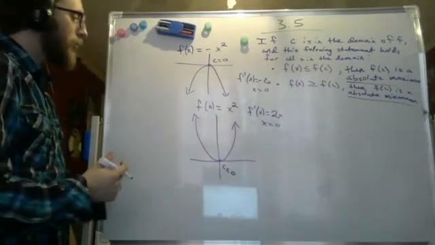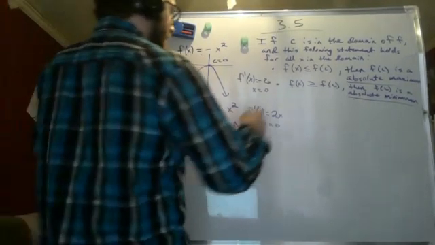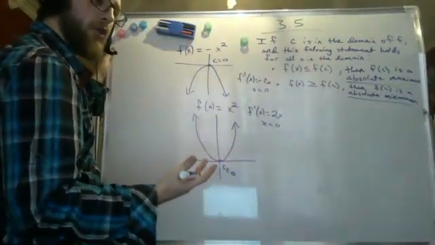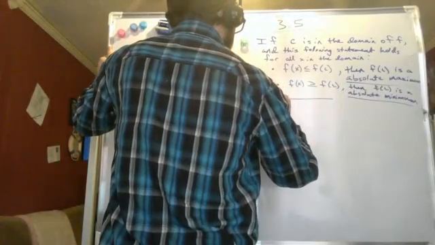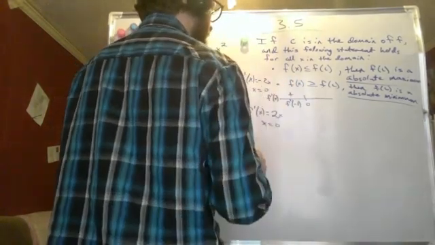But even more than that, based on our definition for local extrema, if we use the first derivative test, we can look at what's going on here. If we test values to the left of 0, let's say negative 1, f prime of negative 1 gives a positive number.